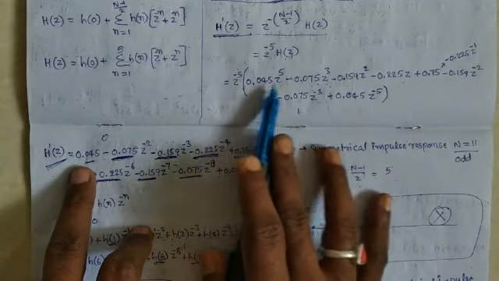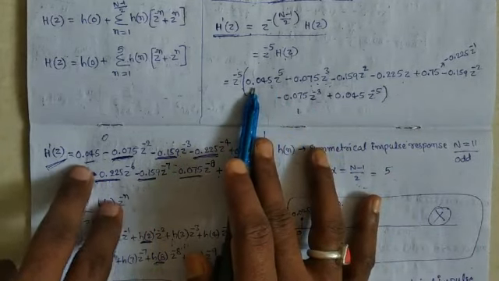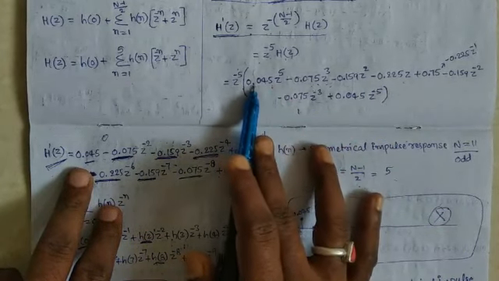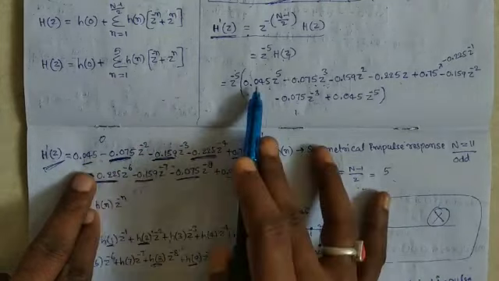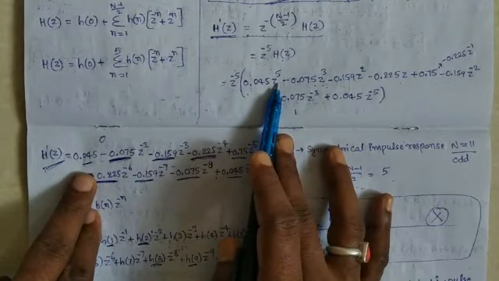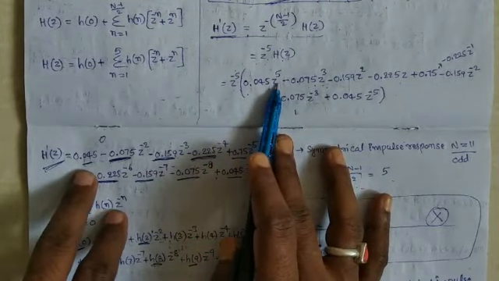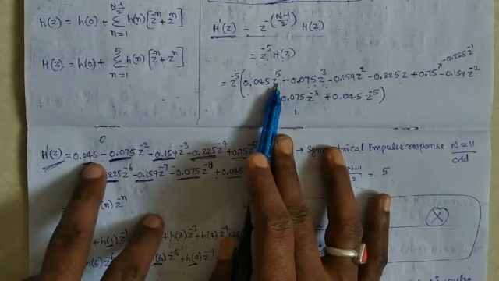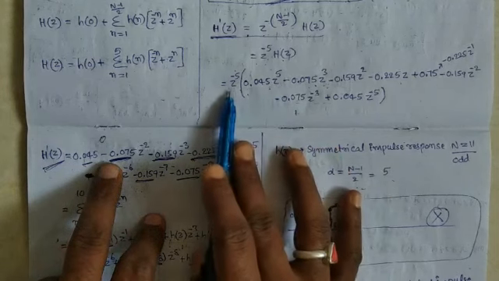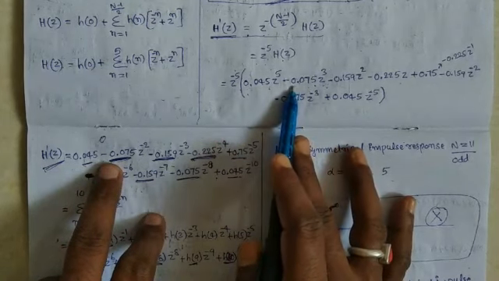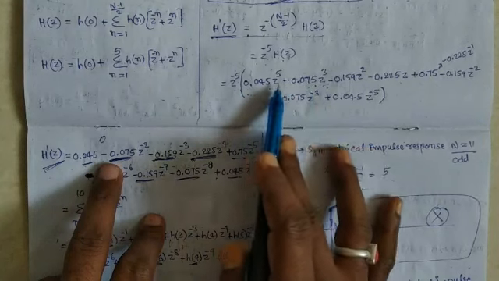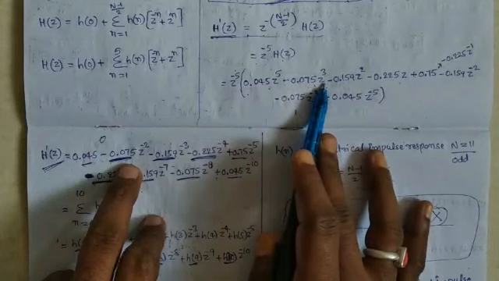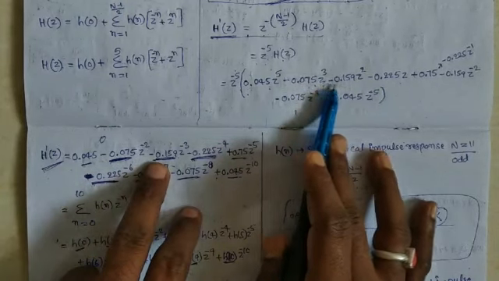First we are multiplying z power minus 5 with this term. Here z power minus 5 into z power 5, z power 0. Z power 0 value is what? 1. Here means its value is what? 0.045 it is. Similarly, this z power minus 5 is multiplied with this term. Here minus 0.075, z power minus 5 into z power 3, z power minus 2 it is.